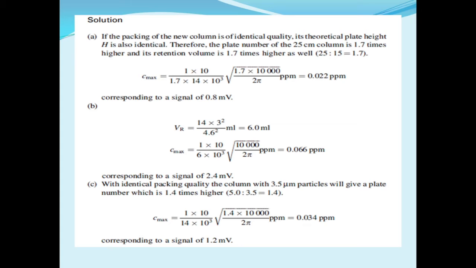Therefore the plate number of the 25 centimeter column is 1.7 times higher and its retention volume is 1.7 times higher as well.